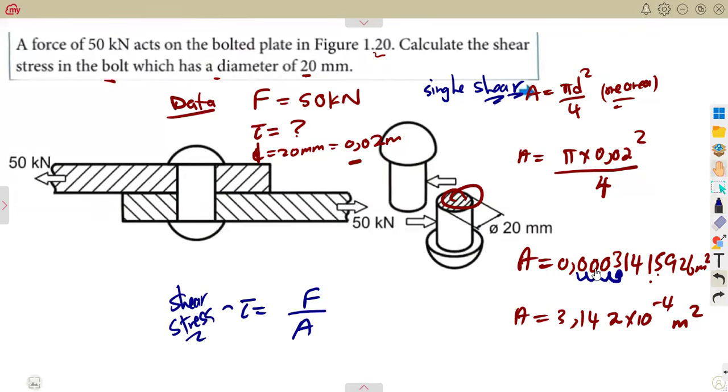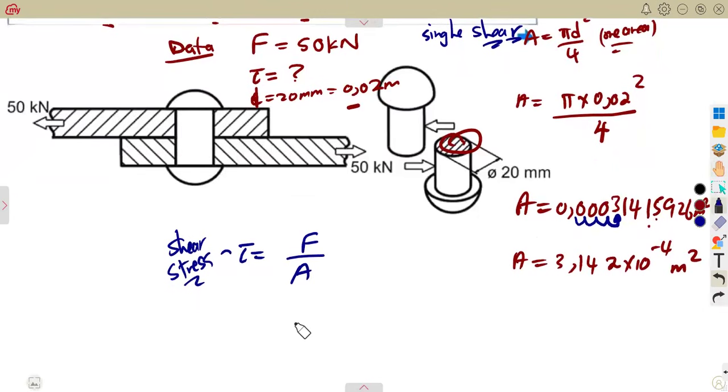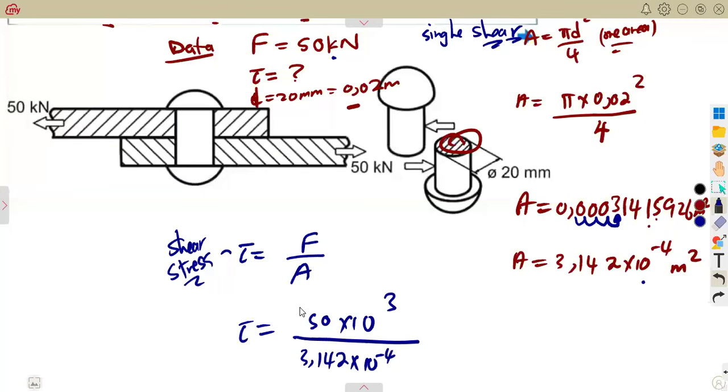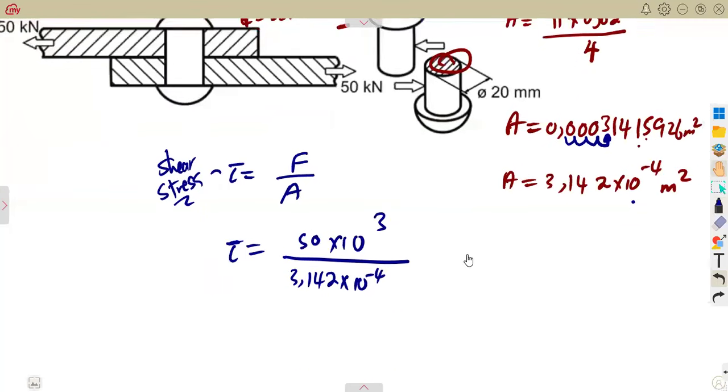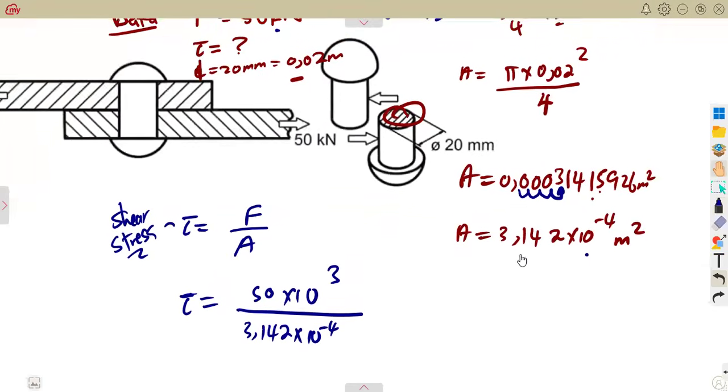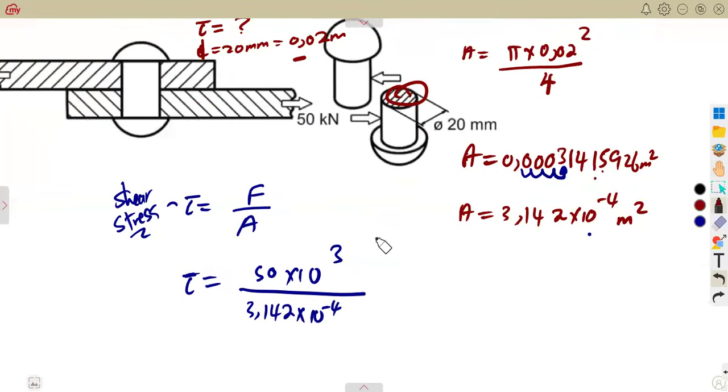Okay, remember your stress, force over area, shear stress. Shear force is given as 50 kilonewton, 50 times 10 to the exponent of 3, over the area that you just calculated, 3.142 times 10 to the exponent of minus 4. We are still on the same stress that we had before, as we had it before in megapascal.